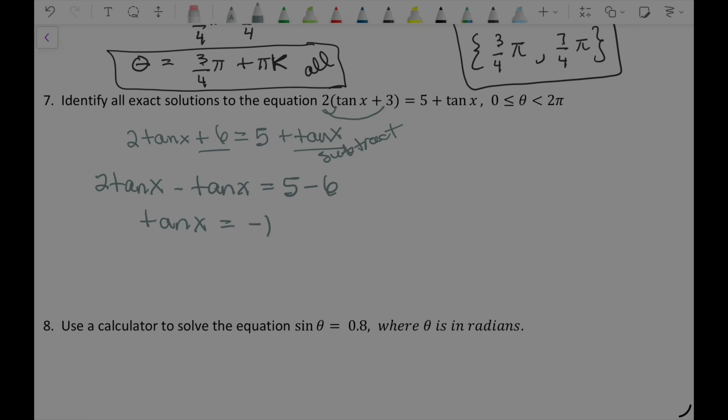I have tangent of x equals -1, and that happens here and here, straight across from each other.